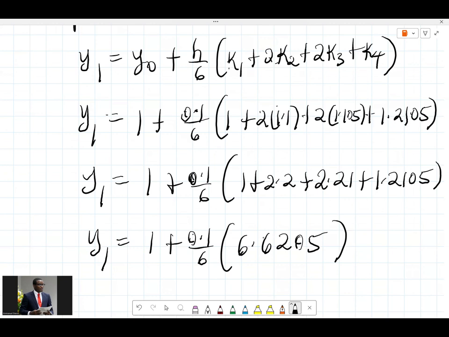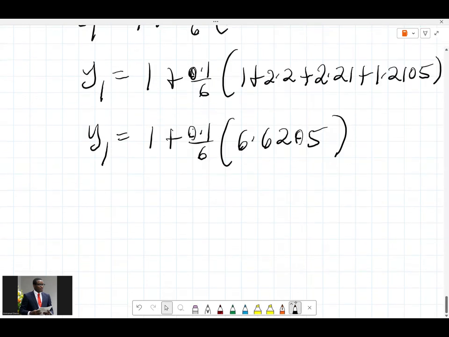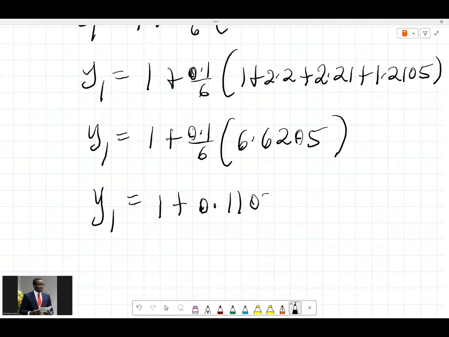Then 3.2 plus this is 5.41. Then 5.41 here is 6.6205. So that works. Then y1 now is equal to 1 plus, so if you take 6.6205 times 0.1 over 6, so that's simply going to be all of that is 0.11034.